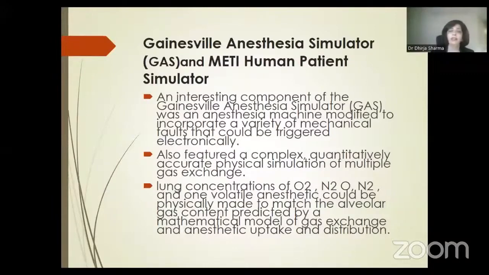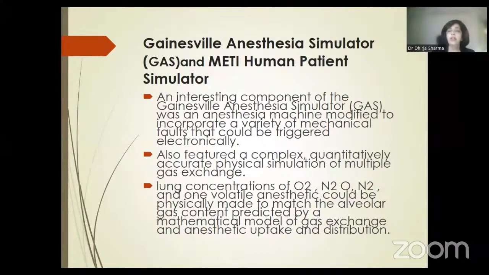In this concept of GAS, this was an anesthesia machine modified to incorporate a variety of mechanical faults that could be triggered electronically. It featured a complex, quantitatively accurate physical simulation of multiple gas exchange. The lung concentration of oxygen, nitrous, and one volatile anesthetic could be physically made to match the alveolar gas predicted by a mathematical model.